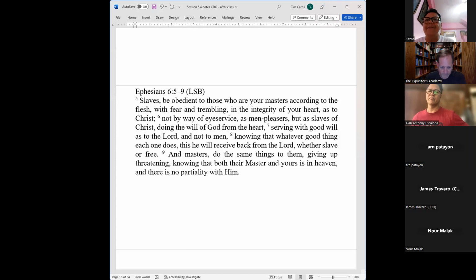And masters, do the same things to them, giving up threatening, knowing that both their master and yours is in heaven, and there is no partiality with him.